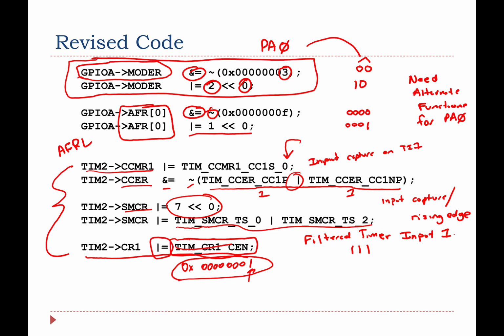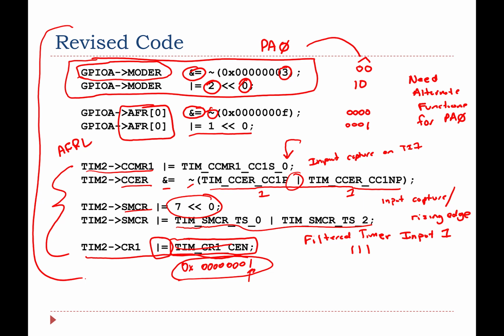Basically, the generic idea of what's going on here is that we have to set the mode register to set up port A0 in an alternate function mode, and it's coming into timer 2.